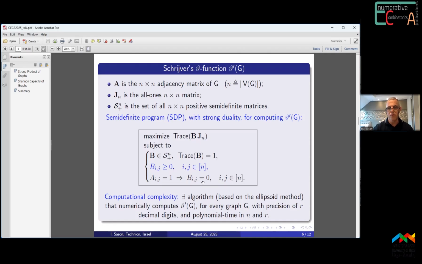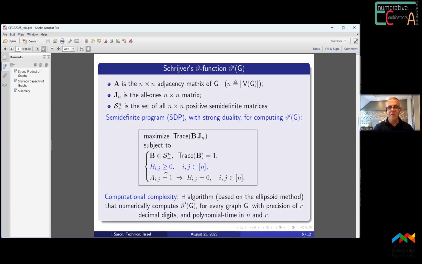This was for the Lovász theta function. Now we also ask that all the entries of this matrix need to be non-negative. And like the Lovász theta function, this can be computed in polynomial time because it's a semi-definite program.